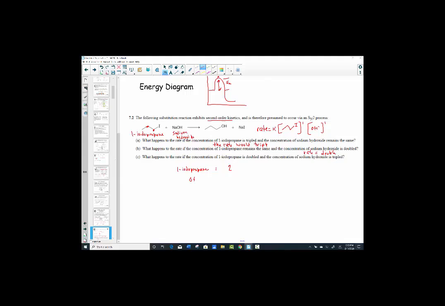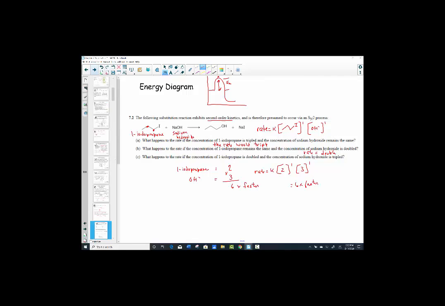The sodium hydroxide was actually tripled. And if you triple it, the rate will triple. So overall, it's going to go 6 times faster. It's like thinking rate is equal to K, 2 to the first order, 3 to the first order, first order overall right there. So that ends up to be 6 times faster.